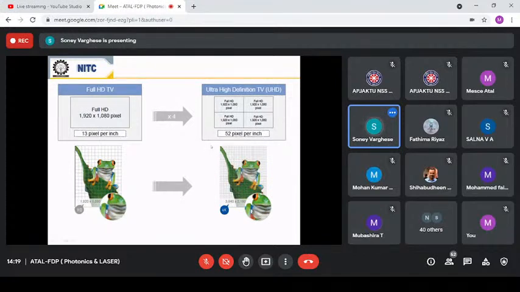The smaller the pixel, the higher the clarity, because it is beyond the resolution of your eye, right? So your eye cannot resolve the pixels, and you will see it as a single image, right? So the importance of this PPI is also increasing. Nowadays it's more than 52 pixels per inch.